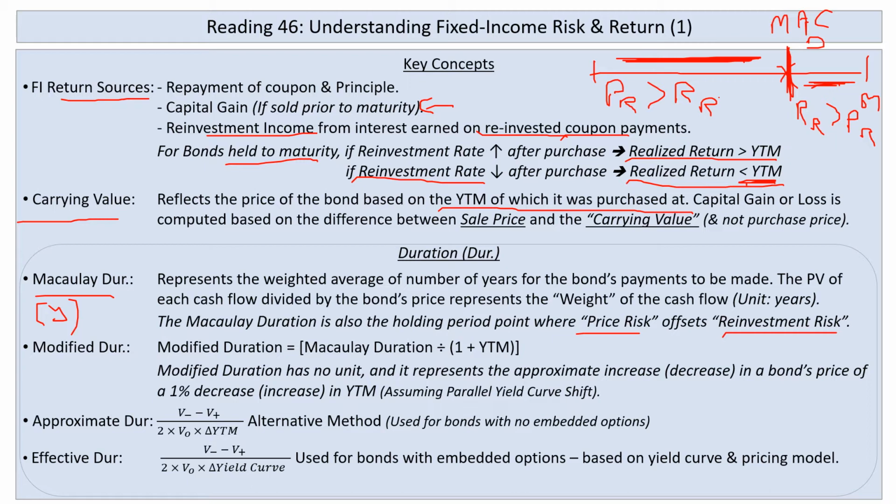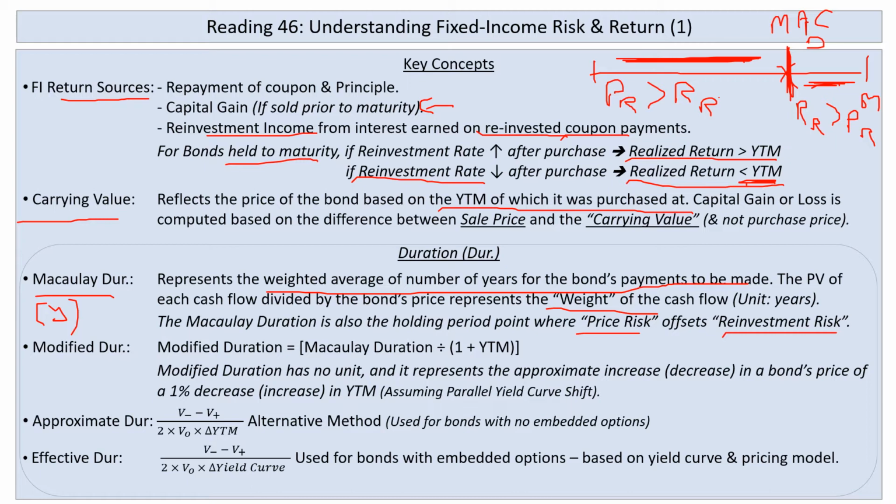How do we calculate Macaulay duration? Well, it's the weighted average number of years until the bond's payments are made. So the PV of each cash flow should be divided by the bond's price in order to compute the weight of the cash flow. That weighted average number of years is the Macaulay duration.